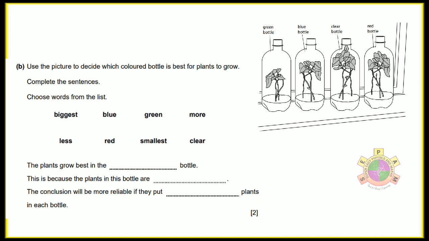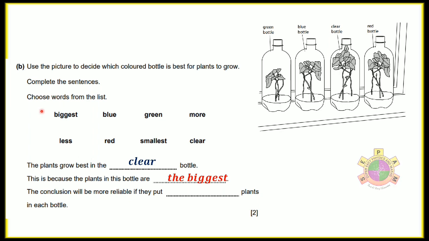Choose the word from the list. The plant grew best in the dash bottle. So if you look at them, which of them grew taller, that grew best? So you see in the clear bottle, this is because the plants in this bottle are the biggest, or the tallest, or the highest.